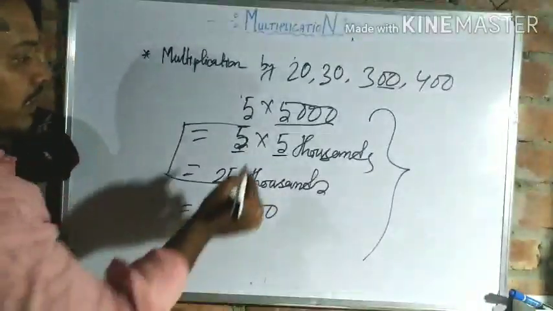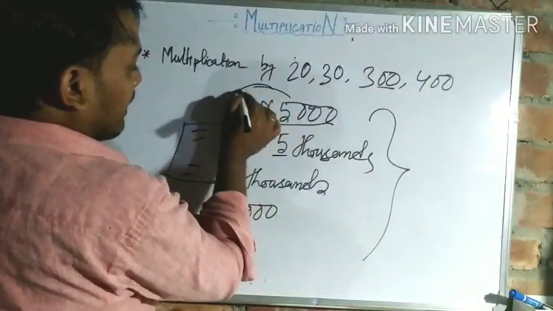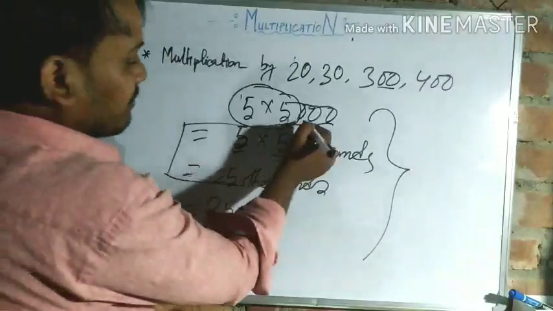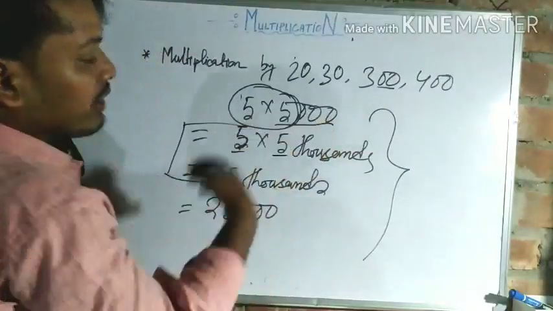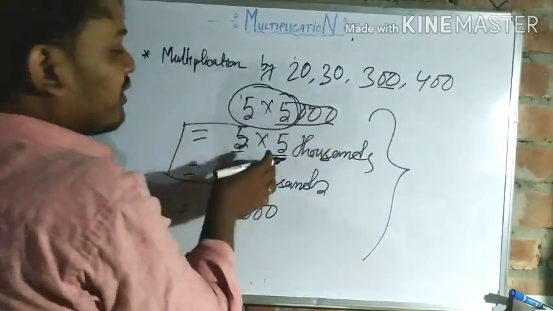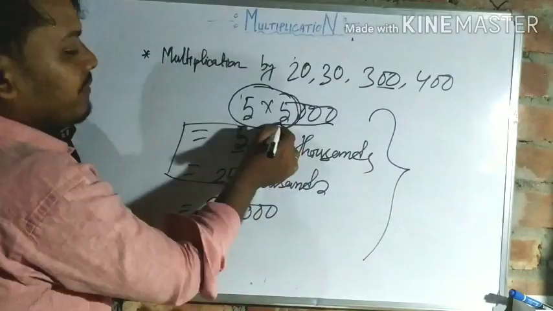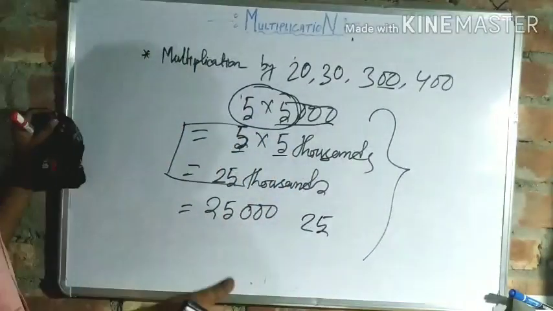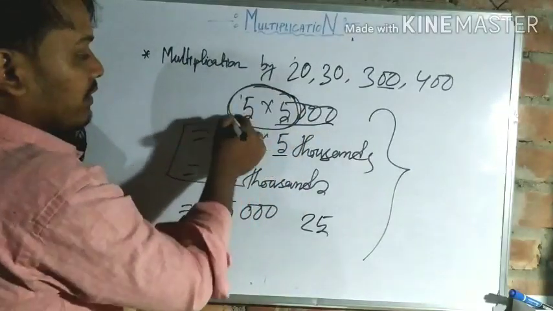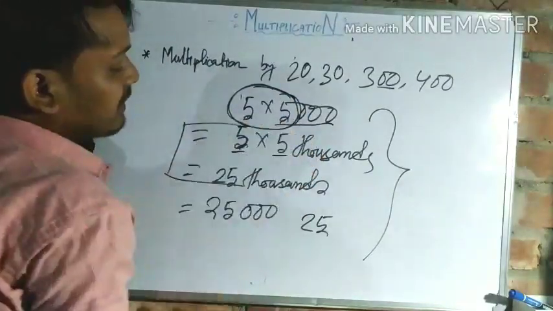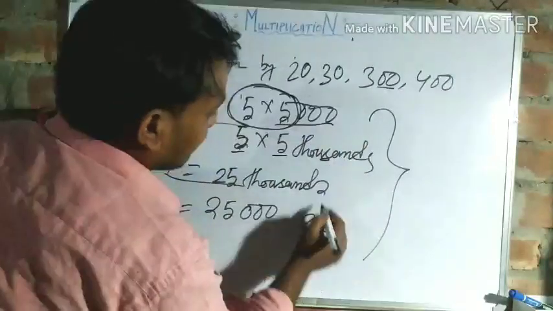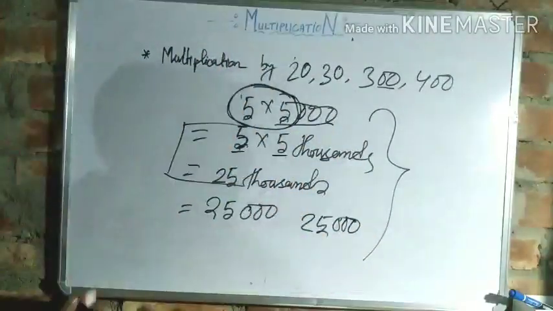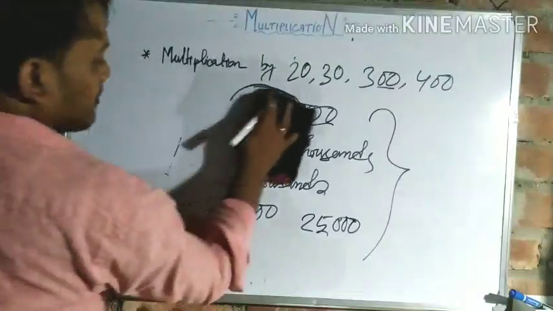We directly multiply these two values, that means multiply without the zeros and put the zeros in the result. So 5 times 5 is 25, put the 3 zeros at the end of the result, 0 0 0. It is the result.